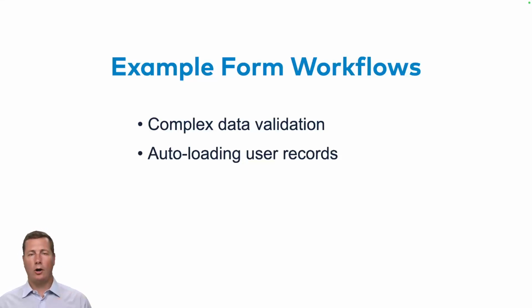You can auto-load user records. So when one of your employees goes to the form, you get their Spider Impact ID, you go to a data set and pull up all of their records and say, here's all the hardware assigned to you. So instead of taking a user to a form and they have to choose their name from a dropdown, you automatically load their employee ID, and you list, here's all the hardware currently assigned to you, and you can do various tasks with it.